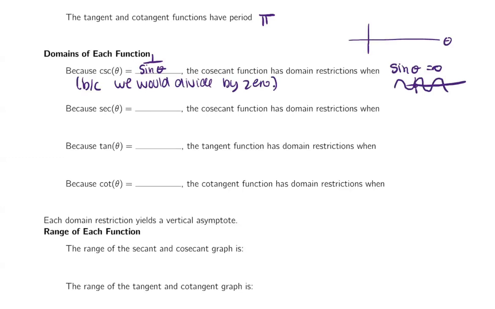So sine is 0 at theta equals 0, theta equals pi, 2 pi, 3 pi, and so on, and also negative pi and negative 2 pi. So we have domain restrictions when theta is 0, pi, 2 pi, dot dot dot, or negative pi, negative 2 pi, dot dot dot.